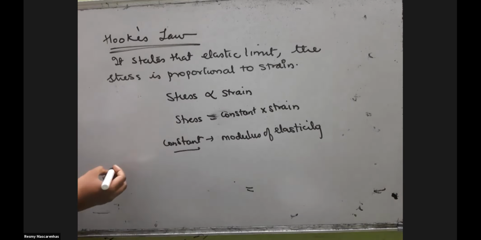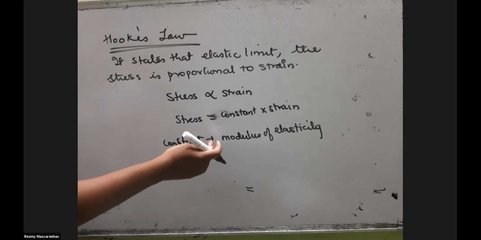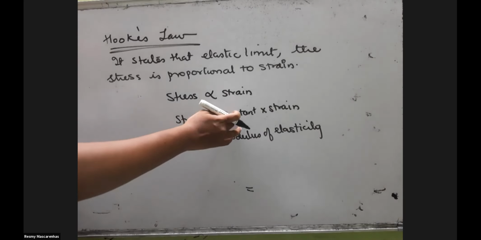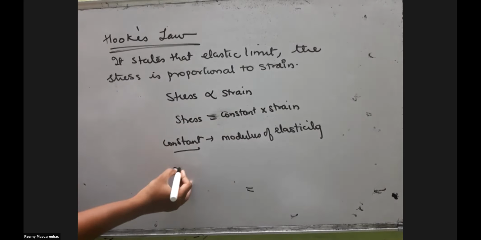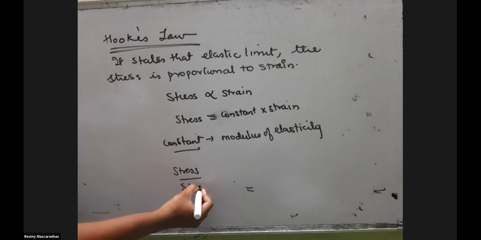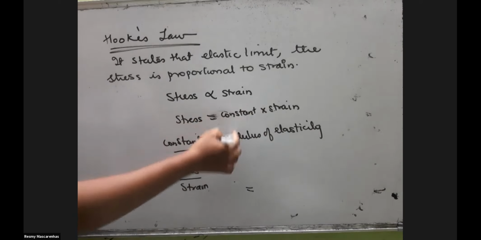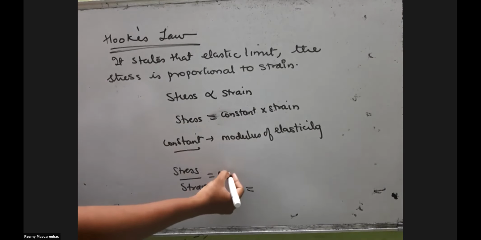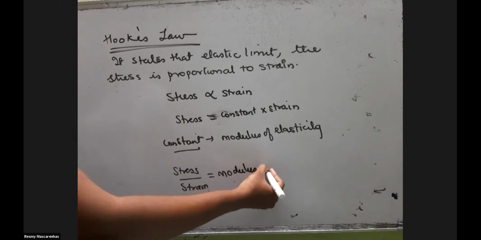This I'll just define. So basically, just put here what is modulus of elasticity. The stress, strain I'll bring down. So what remains is the constant, which I said is modulus of elasticity.